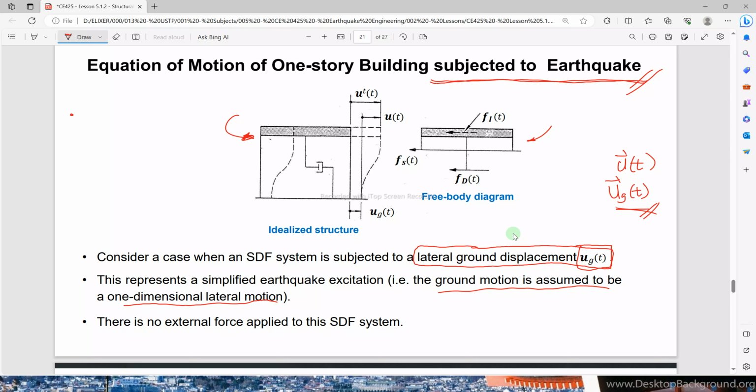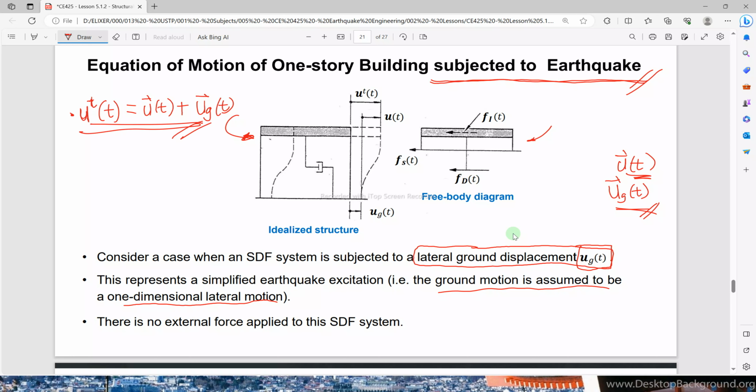To sum up, because of the ground displacement ug(t) on this specific structure, we need to get the total. So ut(t) is equal to the sum of the displacement of the structure plus the lateral ground displacement ug(t). This is the required displacement for this structure.